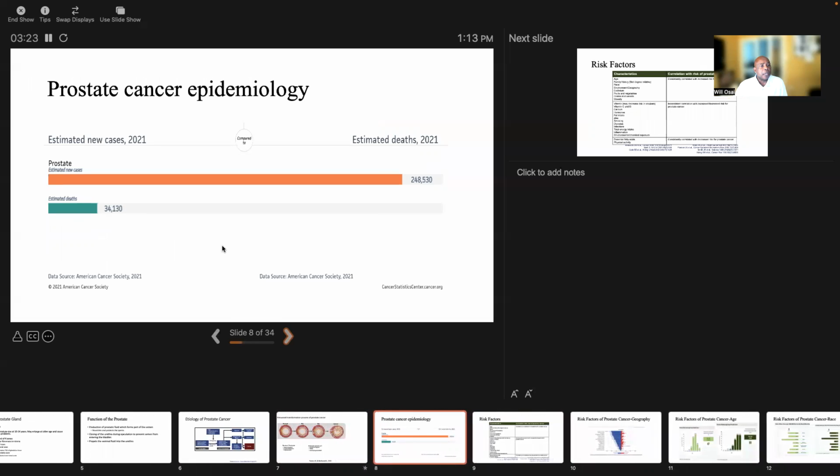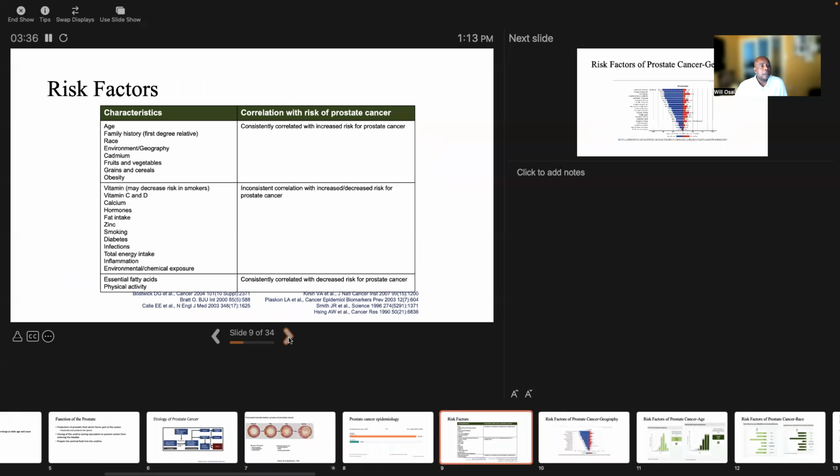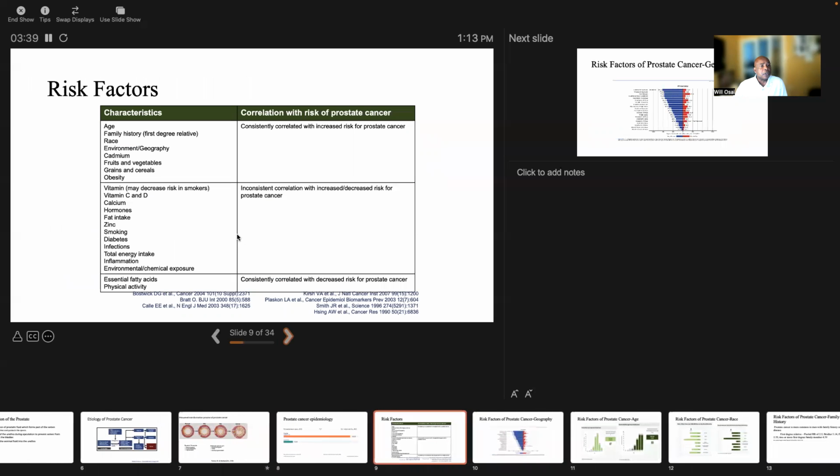What is the incidence of prostate cancer? In 2021, there were an estimated 248,530 new cases of prostate cancer, and there were 34,130 deaths. What are the risk factors for prostate cancer?